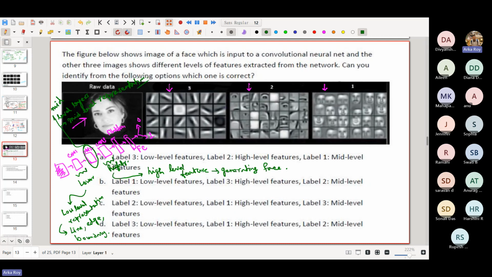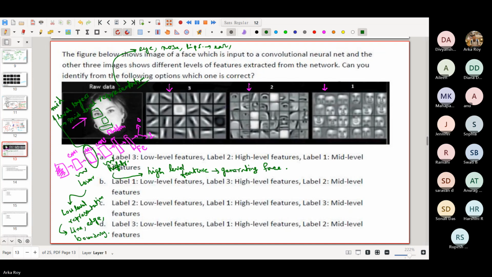By mid-level representation, we mean they try to learn some patch representation, for example, an eye, a nose, a lip. As far as this particular problem is concerned, for example, generating eye, nose, lip, ear, something like that.